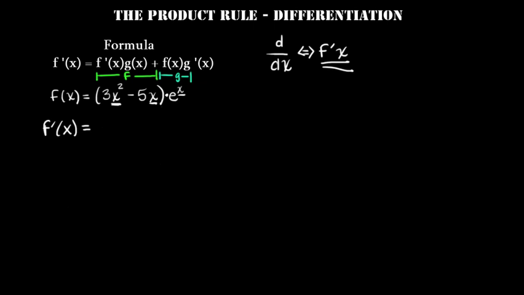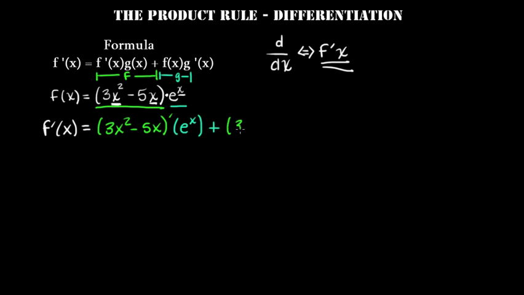So let's go ahead and plug into our formula. So this is my f and this is my g. The first one in the formula is f prime of x. So we're going to write 3x squared minus 5x primed, multiplied by our g, which is e to the x, plus we have our f of x again.